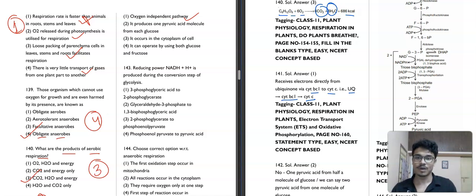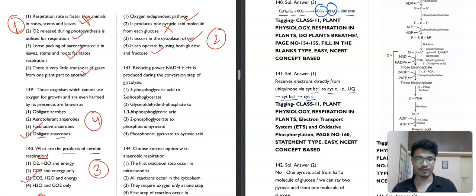It produces one pyruvic acid molecule from each glucose? No, it produces basically two pyruvic acid from one molecule of glucose. Then it occurs in the cytoplasm of the cell, correct. It can operate using both glucose and fructose, also correct, so the isomerization is possible. So the second option is the correct answer.